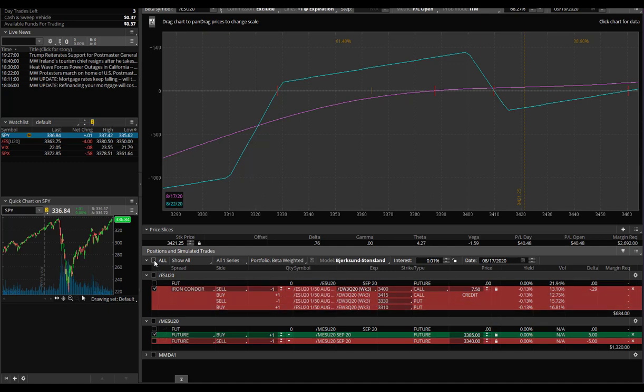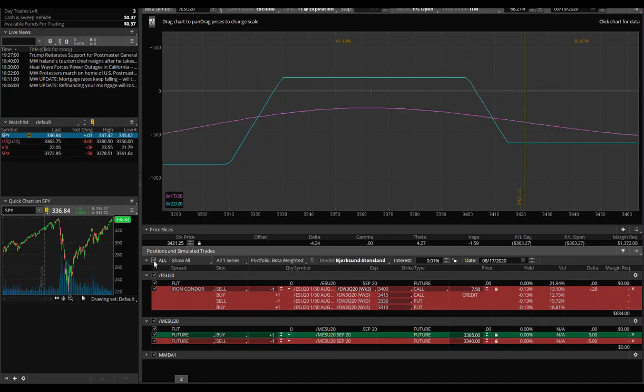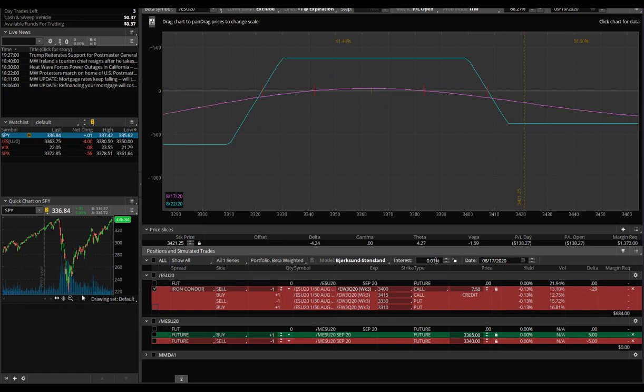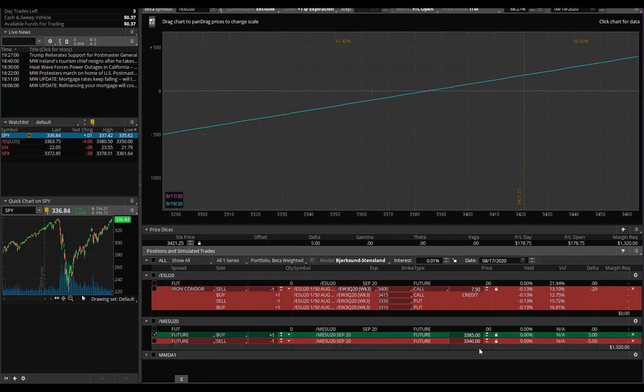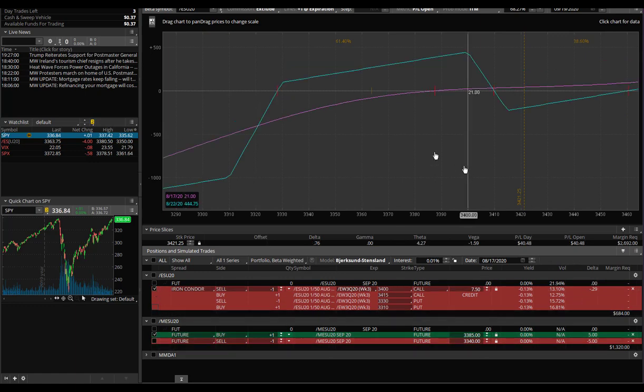So we can check that. This is 138, so this must be 138 in loss. So this must be 178 in gain. 178 in gain. There you go. So you add them together. That's why you do it. That's how this trade works.